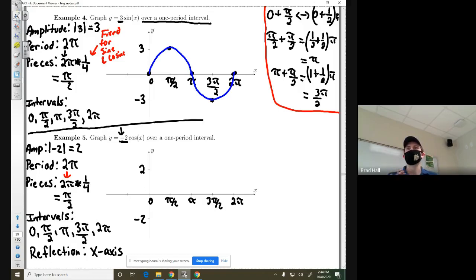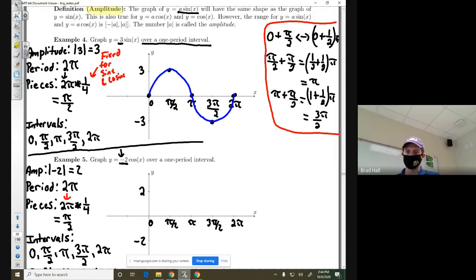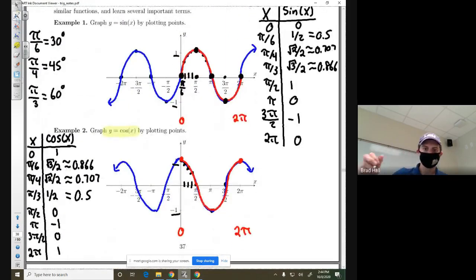So let's pretend like we didn't even see the reflection part. Let's just ignore that part for now. If we were just graphing cosine, let's go up and see what cosine does. Cosine has 5 points that starts at the top, not the middle, and then goes to the x-axis and goes down, comes back up, levels off at the top.